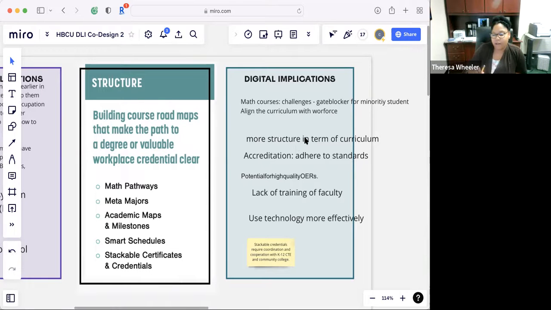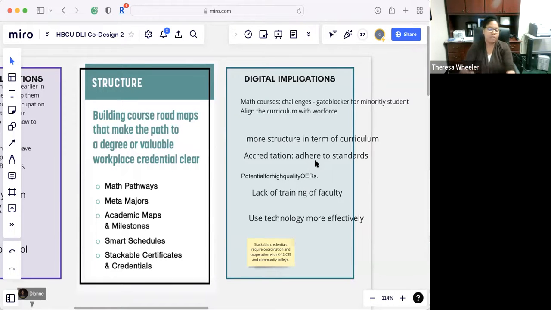So with our group, the main thing we talked about was the challenges that HBCUs have with math students and STEM courses in general, that there are barriers to minority student success because the math courses tend to function as gate blockers instead of prerequisites.